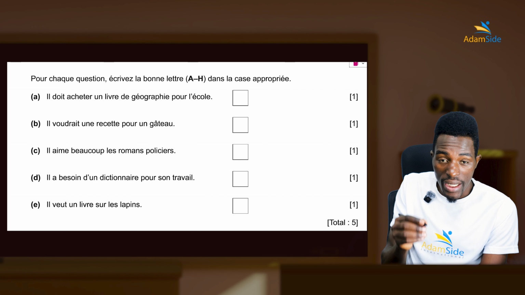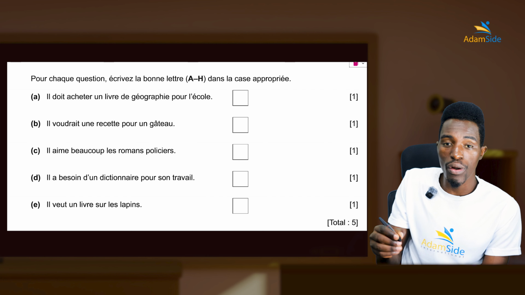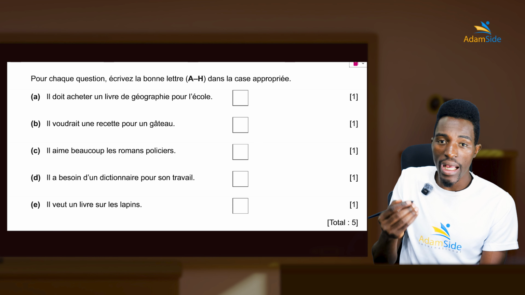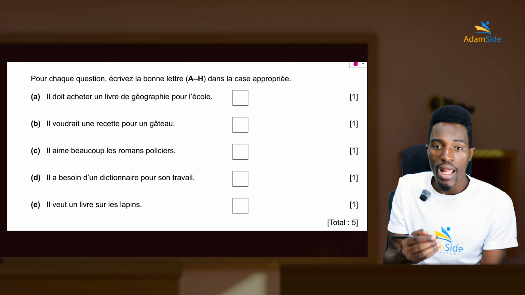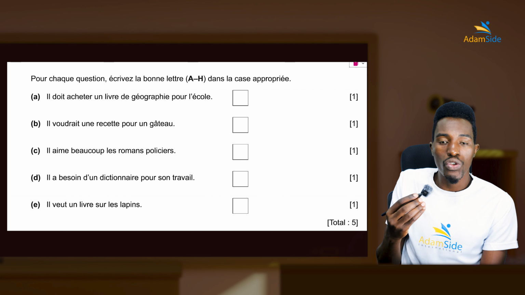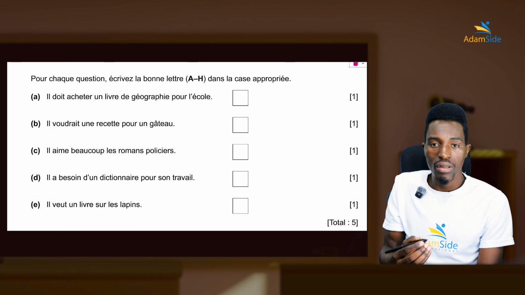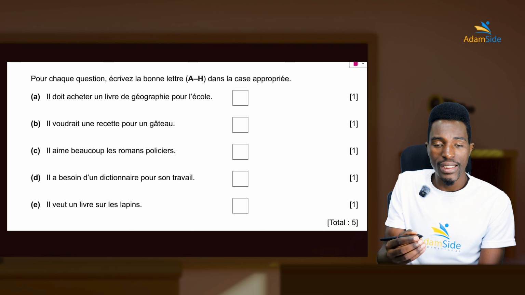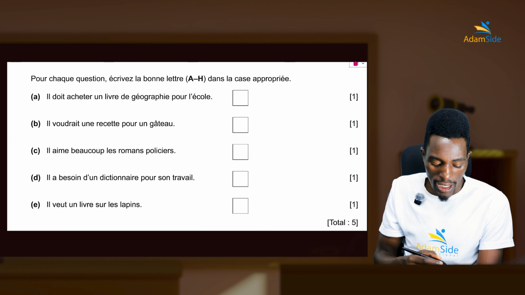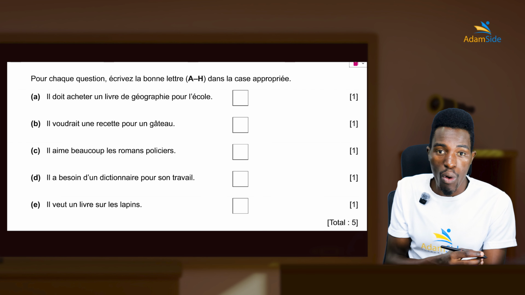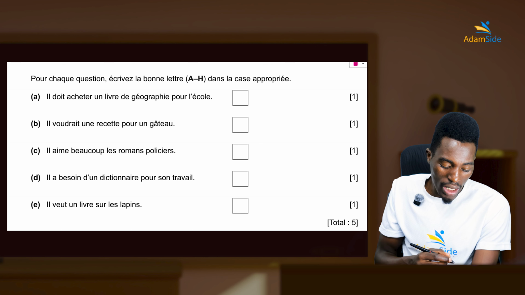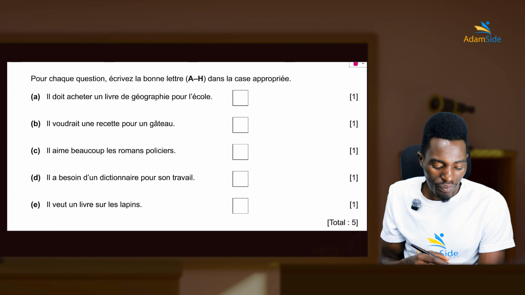Like relating the pictures, relating les panneaux, il faut faire la relation des panneaux et des vocabulaires français. You have to show the relation of pictures and their vocabularies. So how we did question number 1 is also how we are going to do question number 2. So let's go directly to question A.